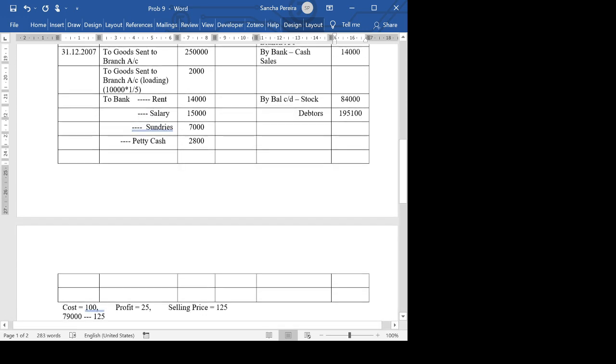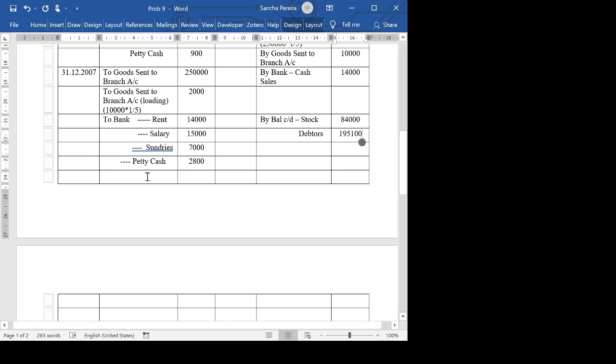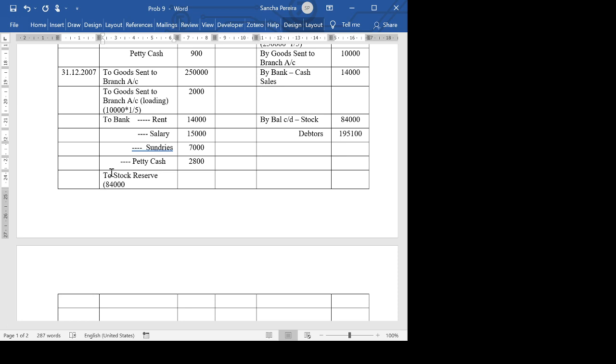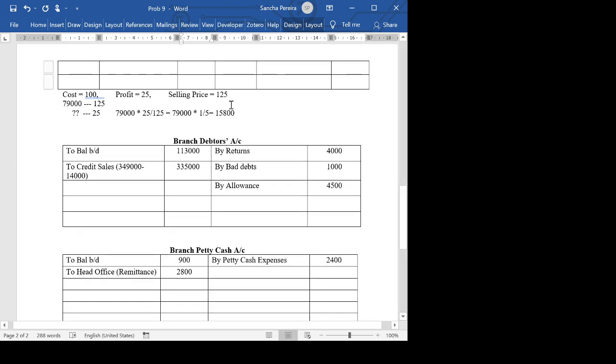On stock, we need to calculate loading. So to stock reserve, 84,000 into 1 by 5, that comes to 16,800. And then the debtors closing balance has to be shown in the debtors account.